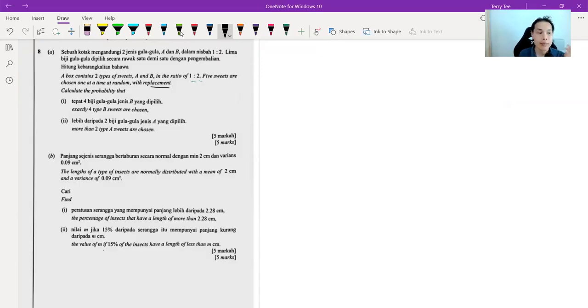So we can use the binomial distribution formula, which is P(X = r) equals nCr p to the power r, q to the power n minus r. So the first part here, we want to find exactly four type B sweets are chosen. Type A and B sweets are in the ratio 1:2.